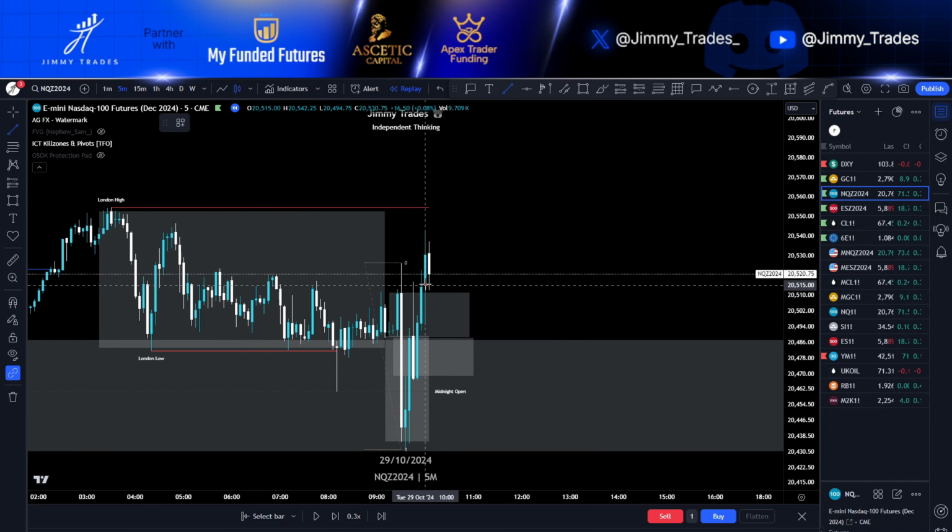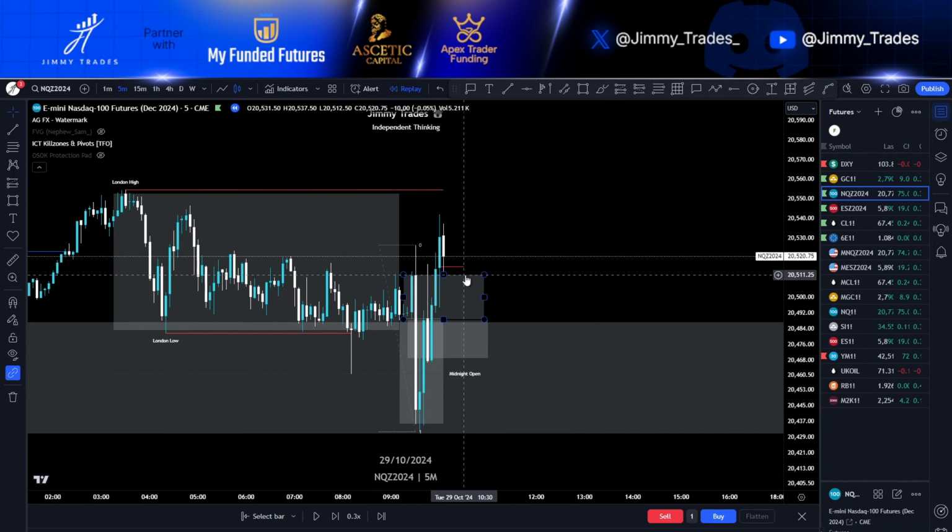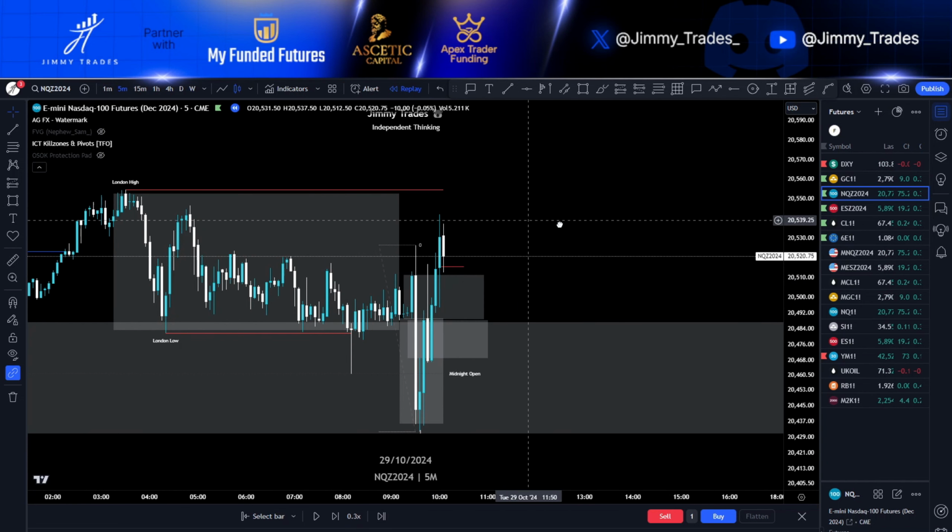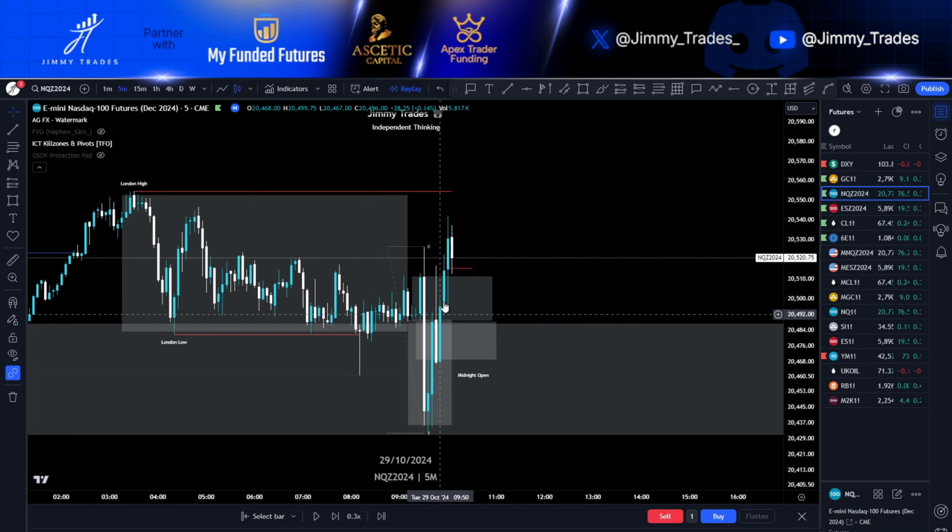So then I'm looking for price to respect the 10 a.m. open, and here is our bullish breaker. Now there is no FVG aligned, so this is not a true unicorn, but I'm using my conviction here. I'm using the narrative that I've built to take this trade.